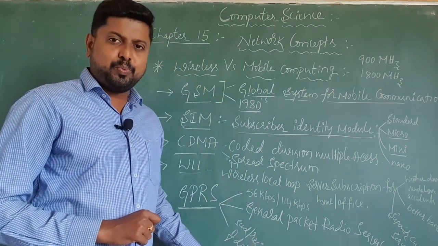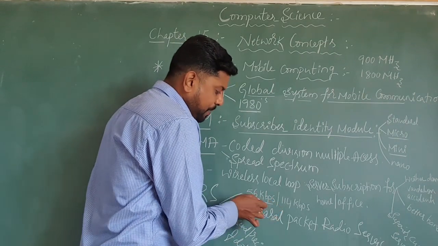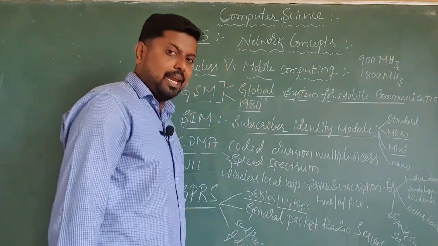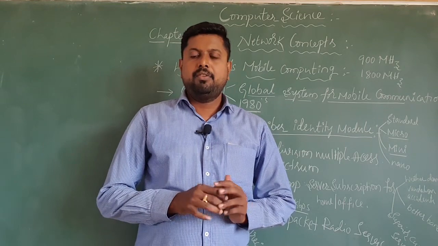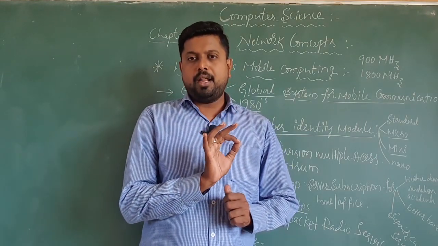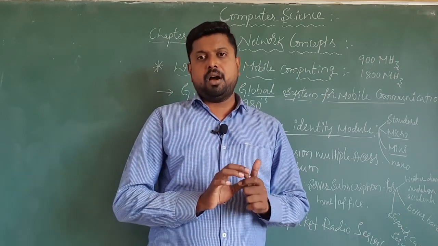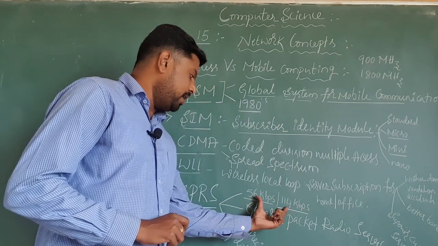The maximum speed at that time was 56 kbps to 114 kbps, kilobits per second. This much speed has its own limitations.